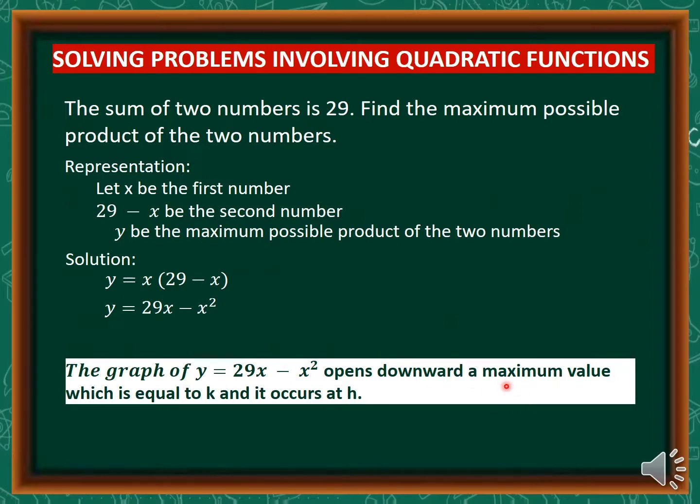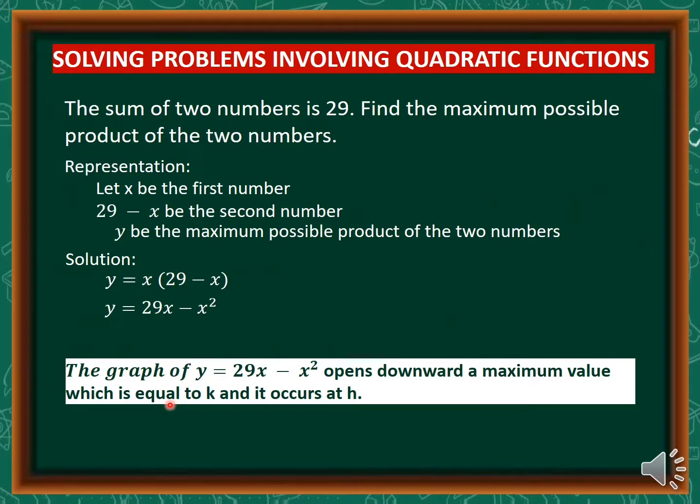Ibig sabihin, di ba, saan ba nagde-determine kung maximum or minimum? Di ba sa vertex? Since it opens downward, ang vertex niya nasa taas. At kapag nasa taas yung vertex, that is the maximum value, which is equal to k. Kasi, di ba nagdetermine ng taas at baba?